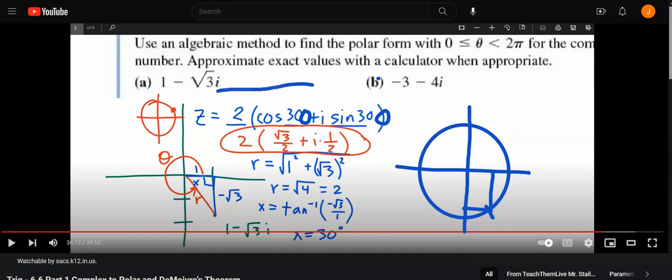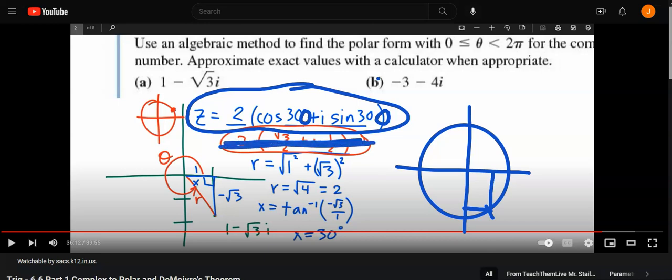It's always helpful when you read the problem. There's the polar form right there with 300. And this right here doesn't look correct. 2 cosine 300 plus i sine 300.